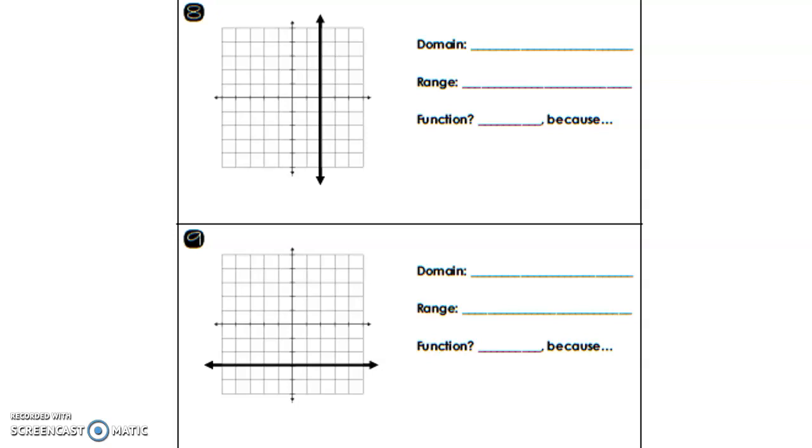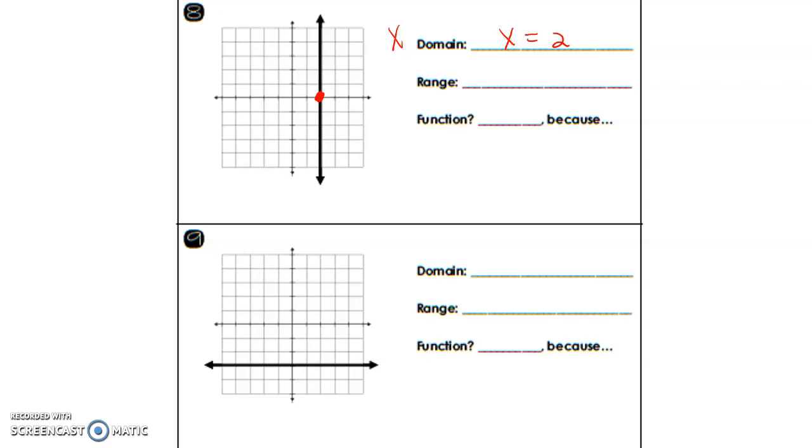I think maybe these are our last 2 on the foldable notes, then we're going to look at some more. So when I look at this one, when I look at my domain, all of my x values, I don't really have a range of x values. My leftmost point and my rightmost point are the same thing. So this is domain, so we are going to use x, but this time we're just going to say x equals 2.